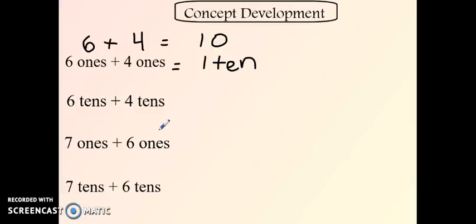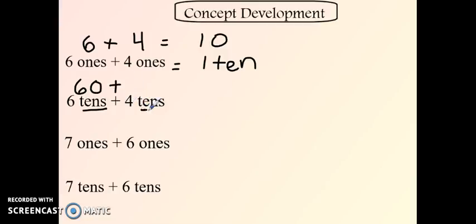Let's look at our next one. Here we have 6 tens. Remember, when we have the word tens, we need to add a 0 to the end of the number. So here, 6 tens would be a 6 and a 0, which is 60.